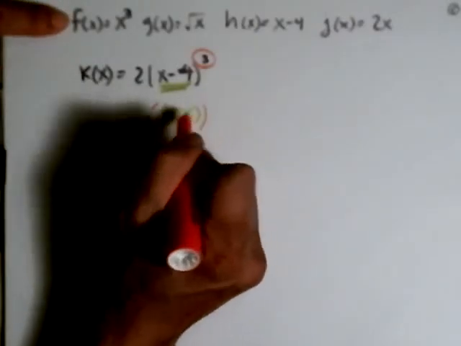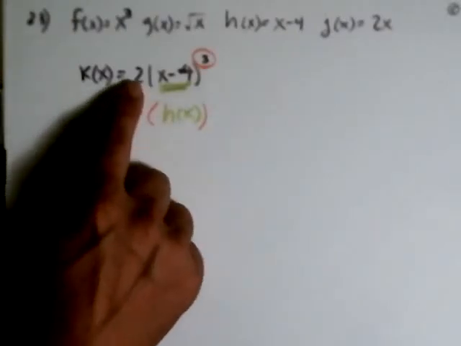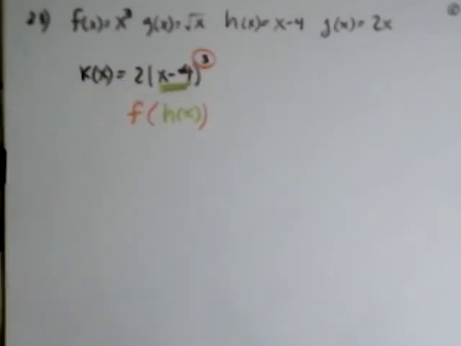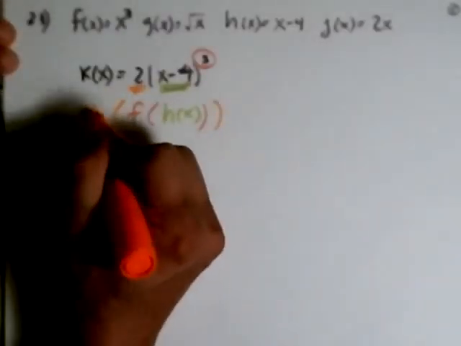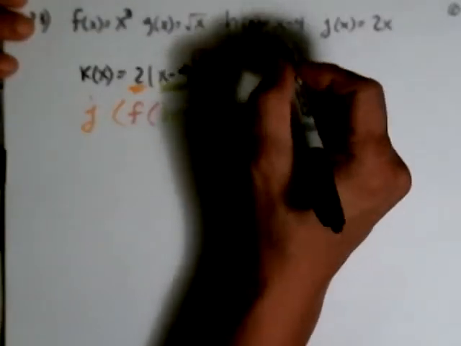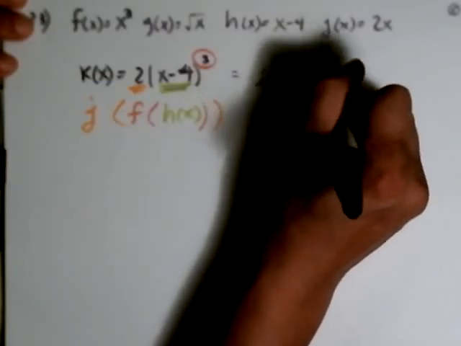And then finally, after you cube it, you're going to multiply by 2, right? So let's use, I don't know, orange. You multiply by 2, that says take the j function. That's how you do these composite functions. So that becomes j of f of h of x.